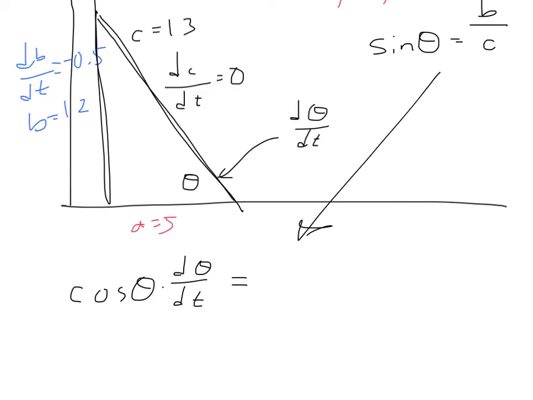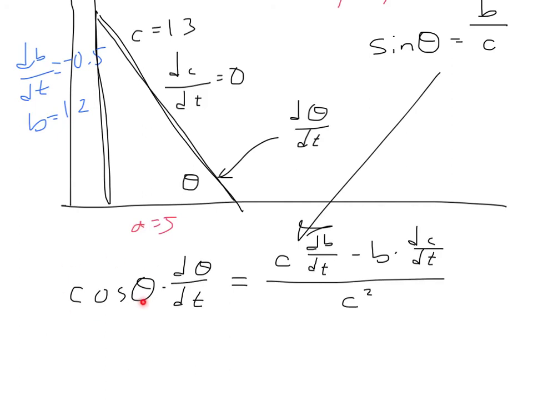Now on the right side, I'm going to need to do a quotient rule. And so we're just going to have to walk through this carefully. It'll be low d high, so c times dB/dt, minus high d low, that's dC/dt, all over c squared.